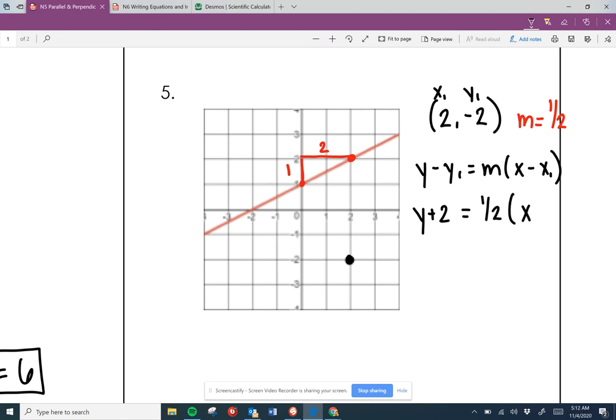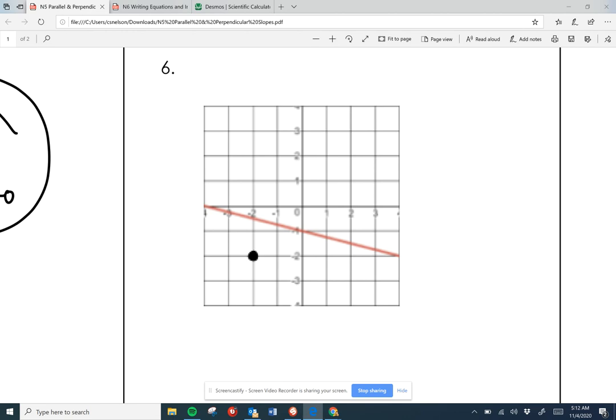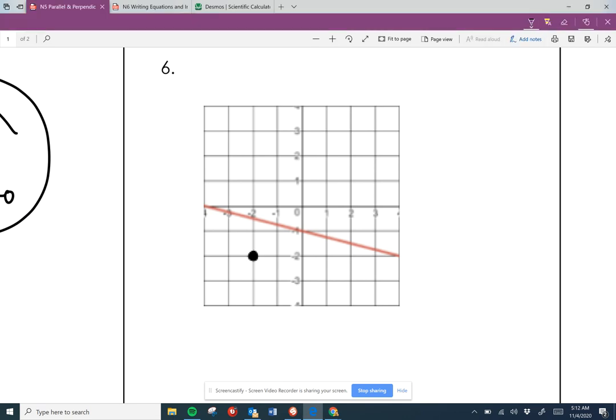Then as our last example, we are going to have to go through -2, -2 as my x1 and my y1. And then the slope is going to be, looks like, -1/4.